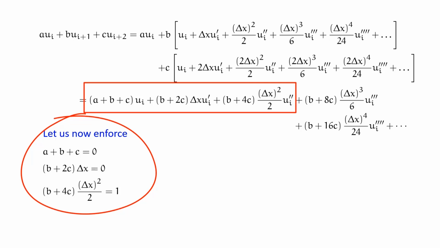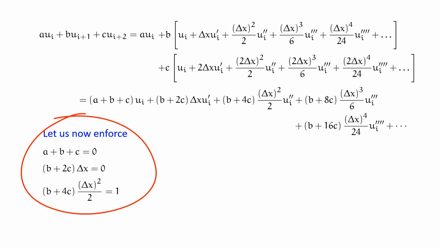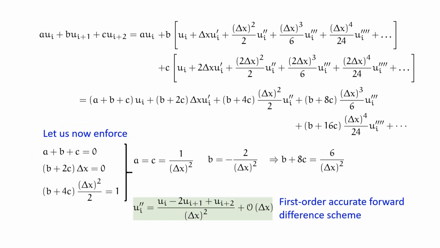From these three equations, we should be able to find the three unknowns A, B, and C. We find that both A and C are 1 by delta x square and B is minus 2 by delta x square.